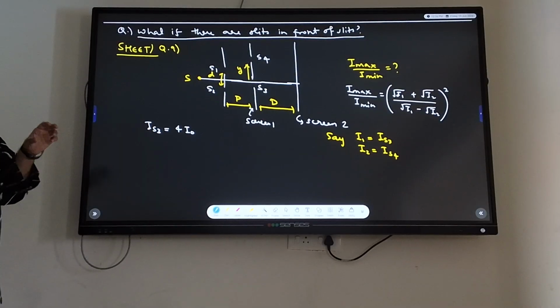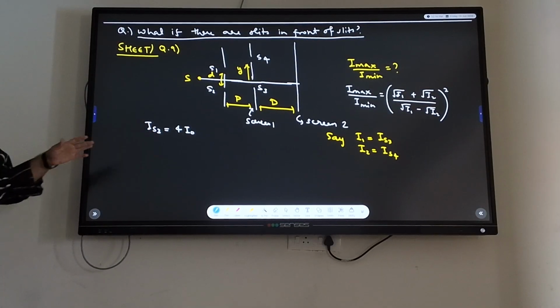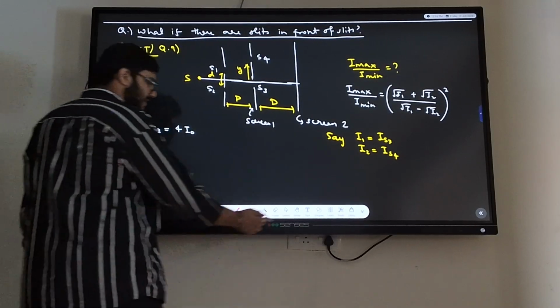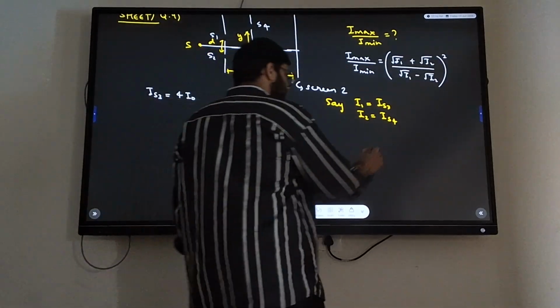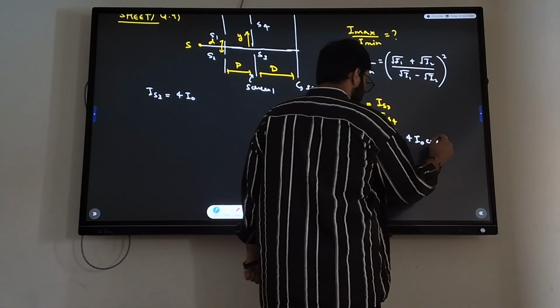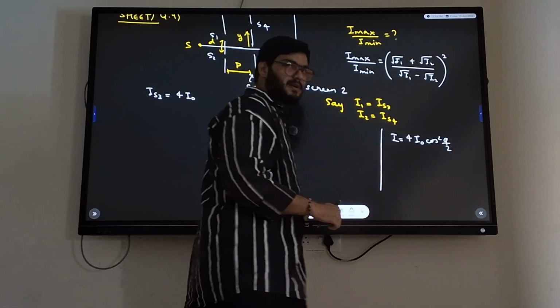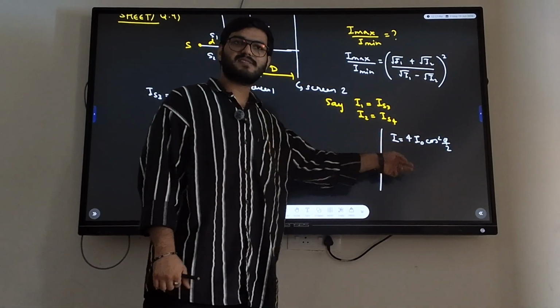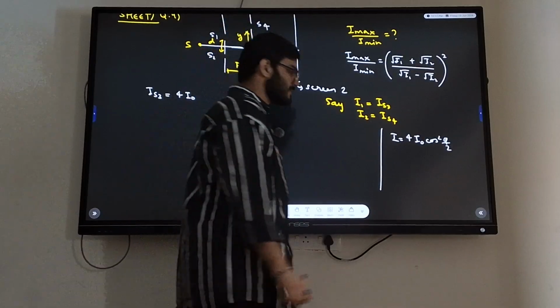How to find IS4? For IS4, we will try to use all the conditions given to us. Remember that intensity at any point is given by the function 4I0 cos square phi by 2. And you should know the phase difference. But how is the phase difference related to path difference?